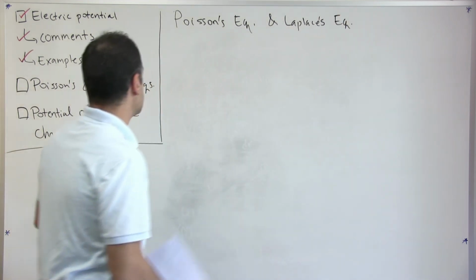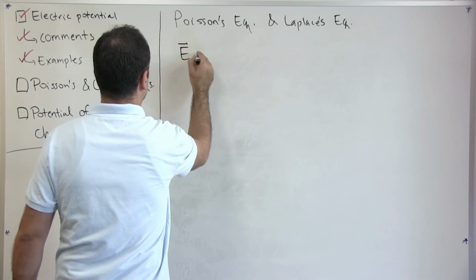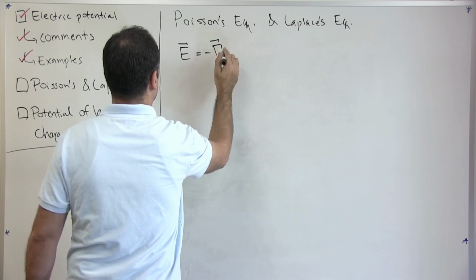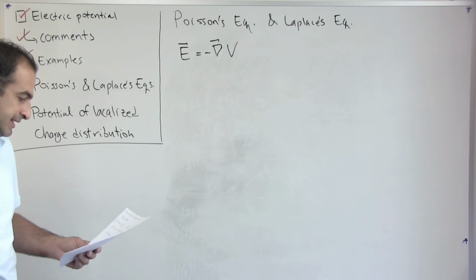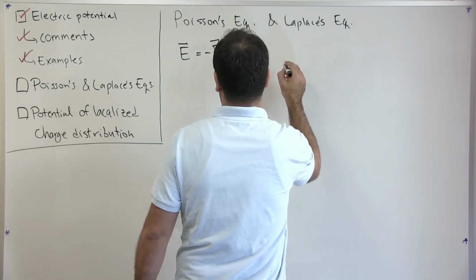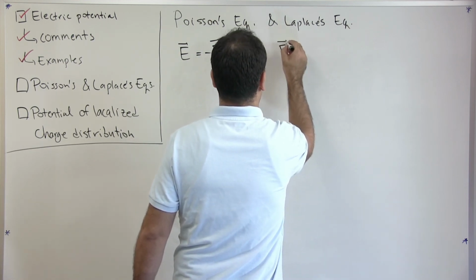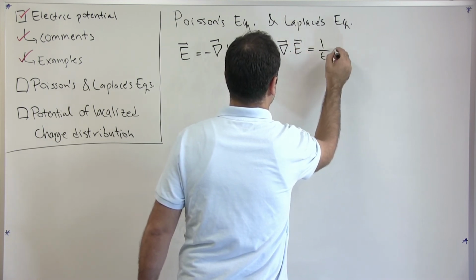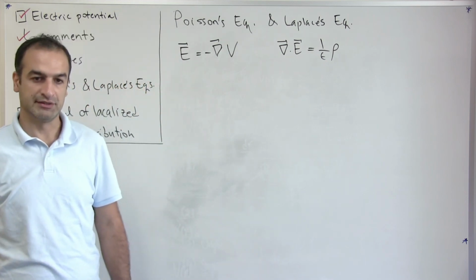Okay, so the differential relationship between electric field and potential is that the electric field is the negative of the gradient of the potential. And then for the electric field, from the Gauss law we had the divergence of the electric field is 1 over epsilon 0 times rho, rho being the volume charge density.